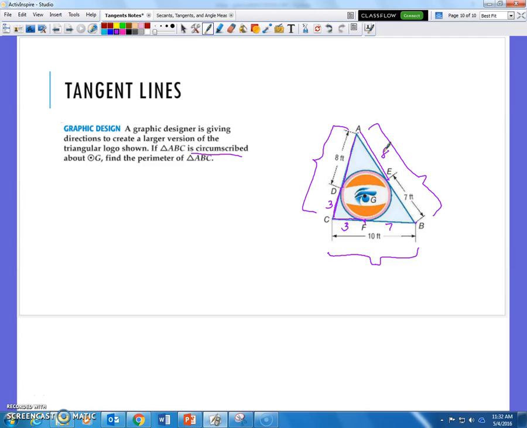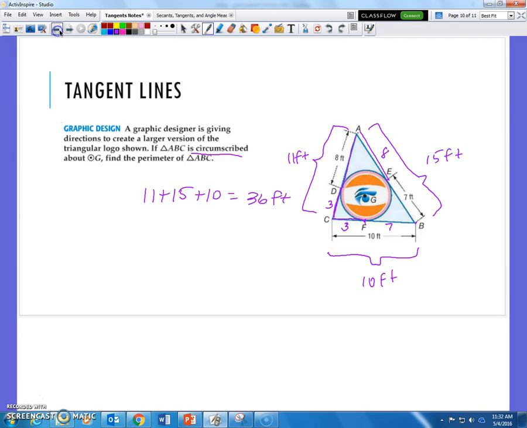So if I'm looking for my totals to help me find my perimeter, I have 3 plus 8 is 11 feet. I have 8 plus 7 is 15 feet. And I have 7 plus 3, which was already given as 10 feet. So the perimeter of the triangle is 11 plus 15 plus 10, which equals 36 feet. That's the perimeter.